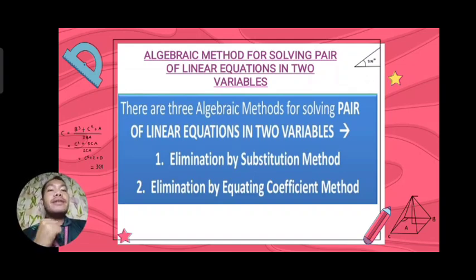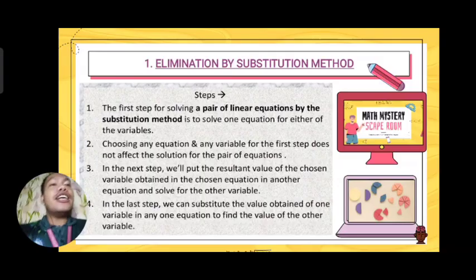First I will be discussing the elimination by substitution method, and then next we have the elimination by equating coefficients method. First we have the elimination by substitution method.